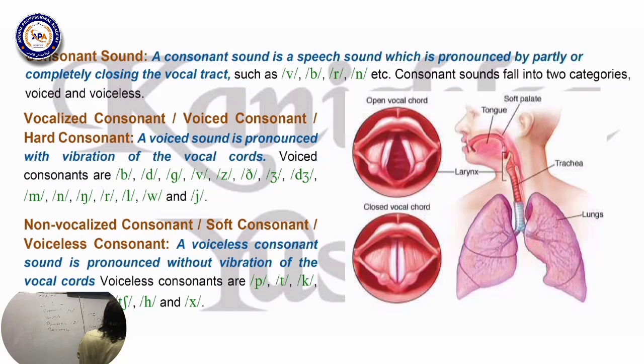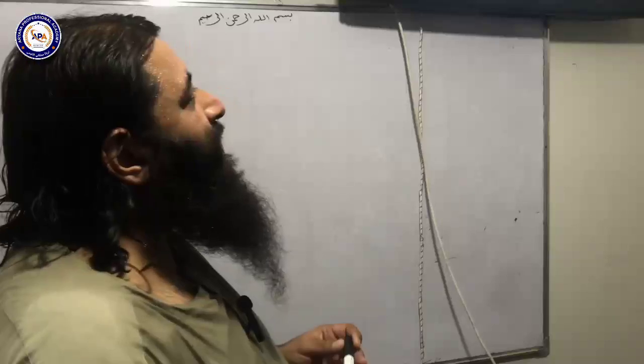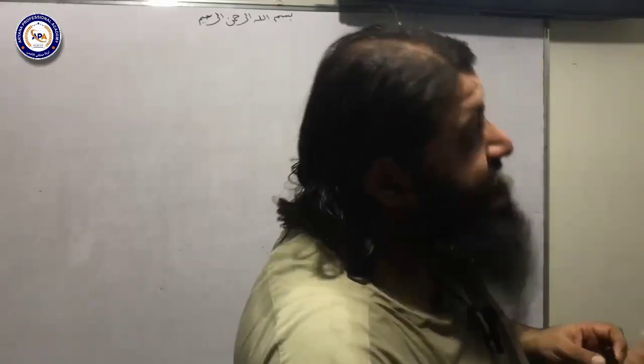Consonant sounds fall into two categories, voiced and voiceless. Now here, one big misconception has to be removed: many times people in Pashto and Dari translate vowel as sadadar and consonant as besada, which is a wrong translation.